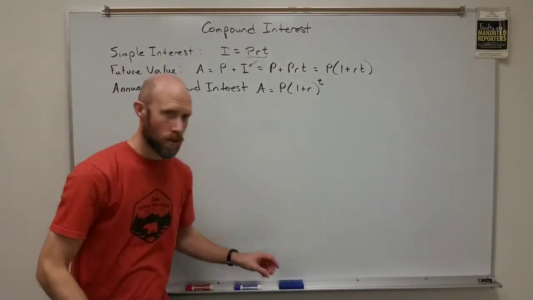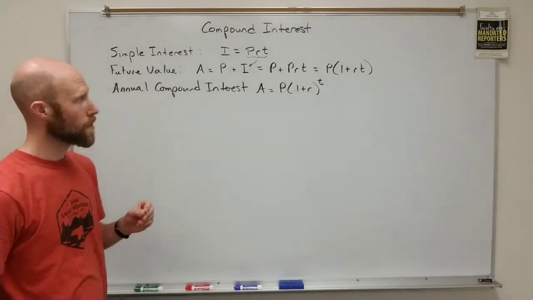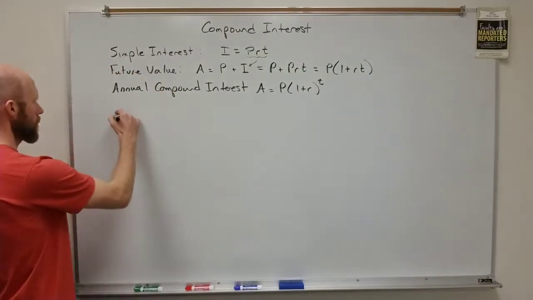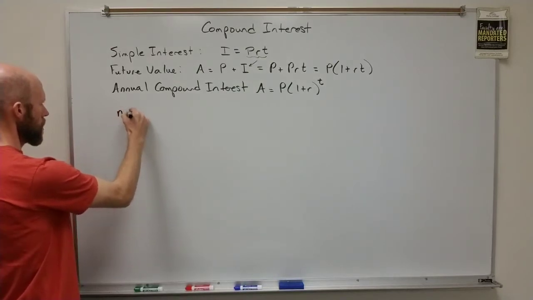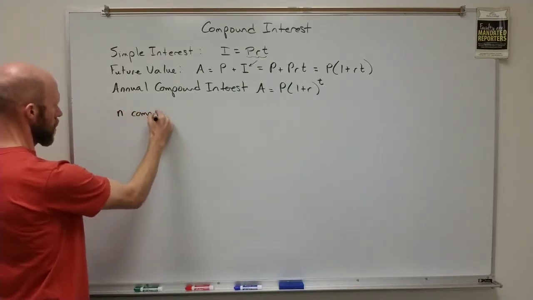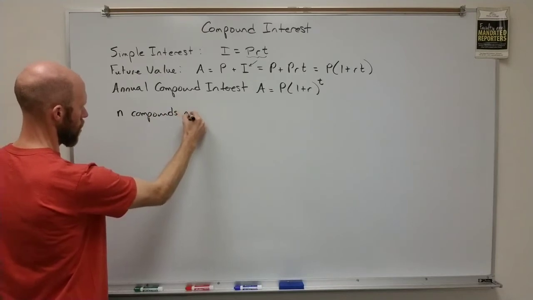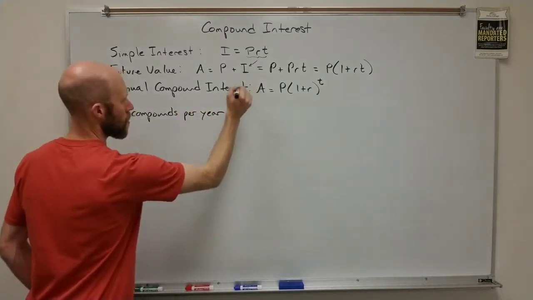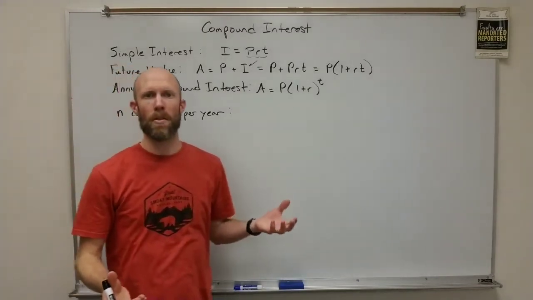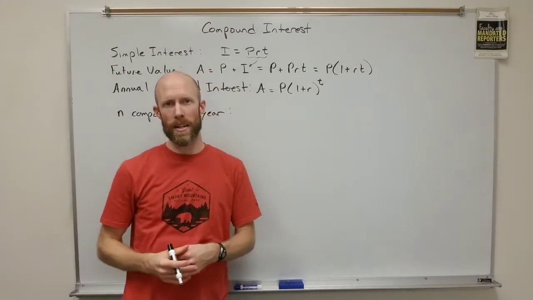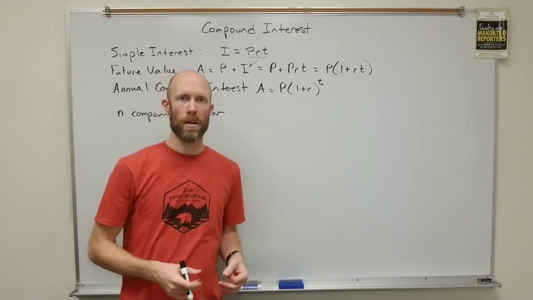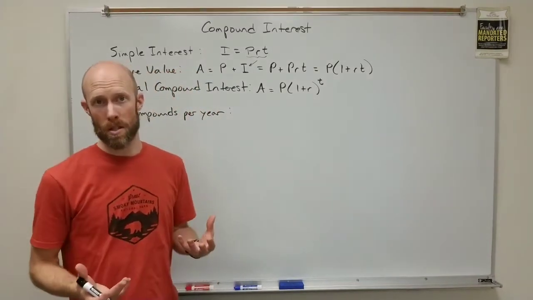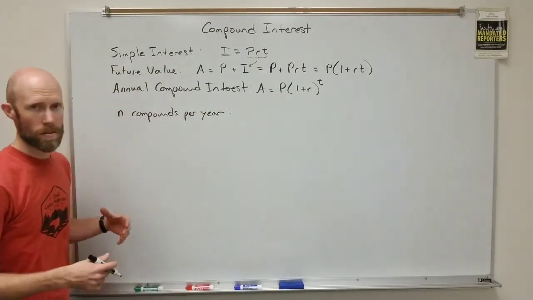So now, the two adjustments we're going to make, if you want N compounds per year, so that could be, if it's monthly compounding, that's 12, N is 12 times per year. If it's daily compounding, it's 365 times per year, okay?